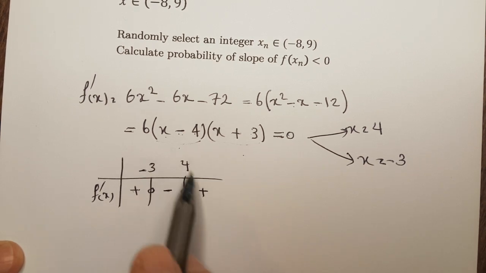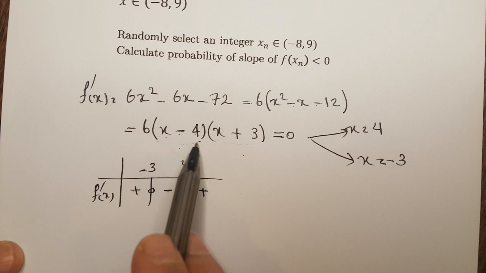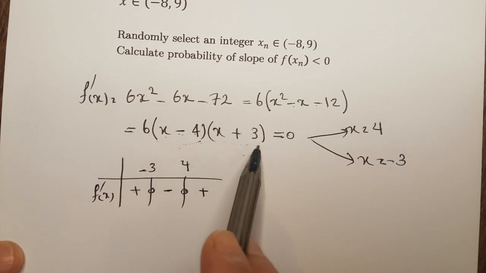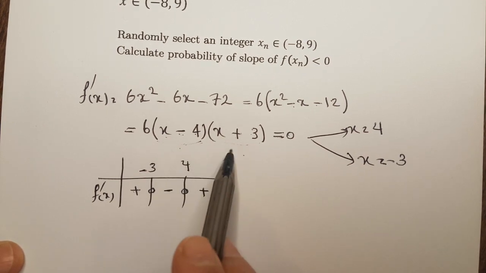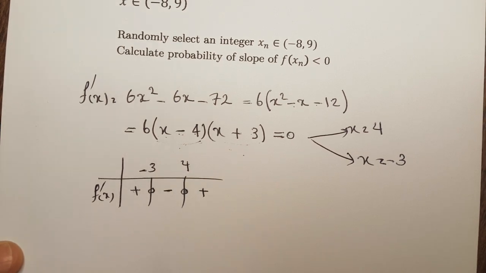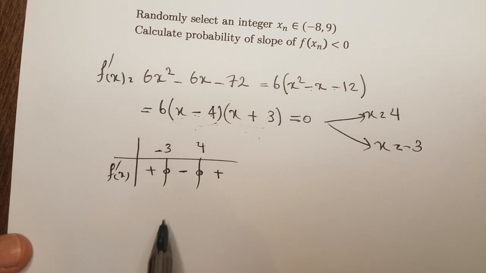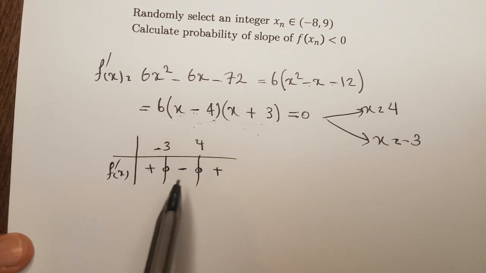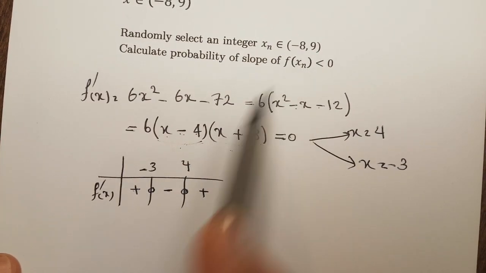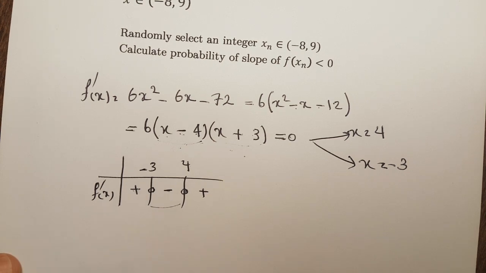And beyond 4, for instance 5, this will be +1, a positive number. 5 plus 3 is 8. Another positive times positive will be positive. So from this table, we can conclude that the slope of f(x) is only negative between these points.